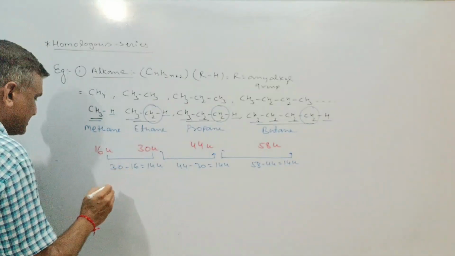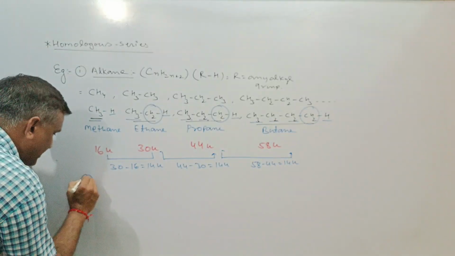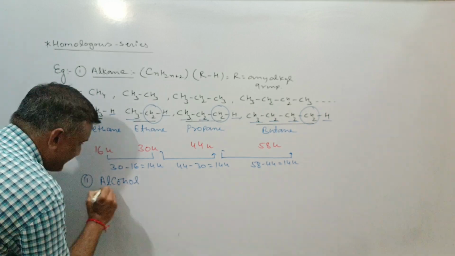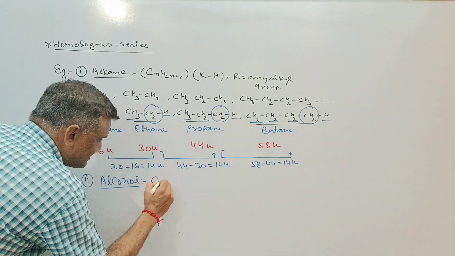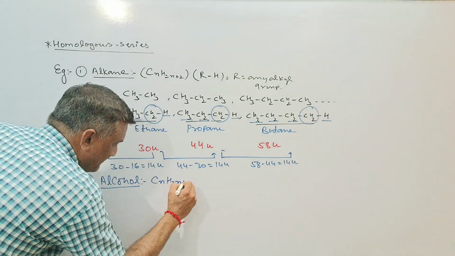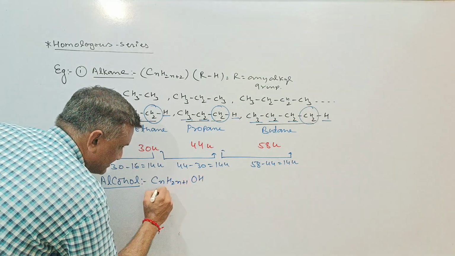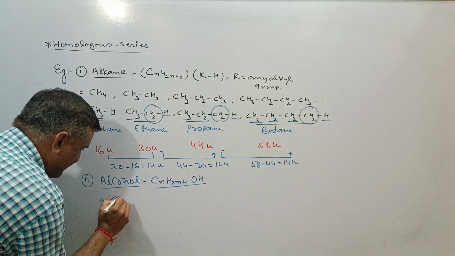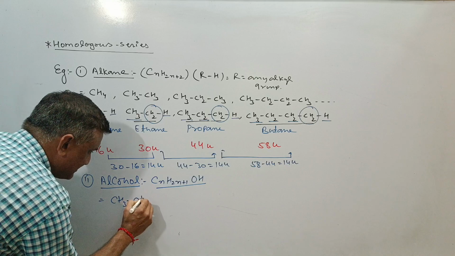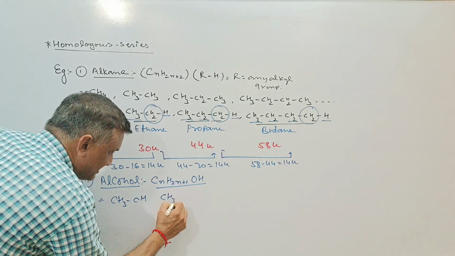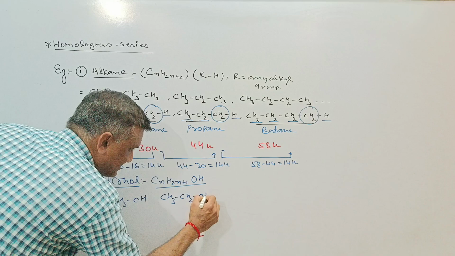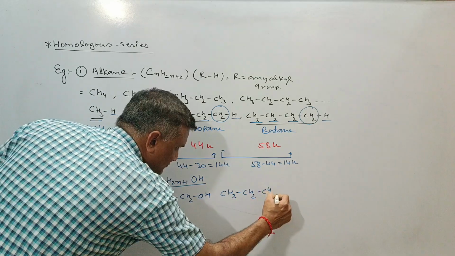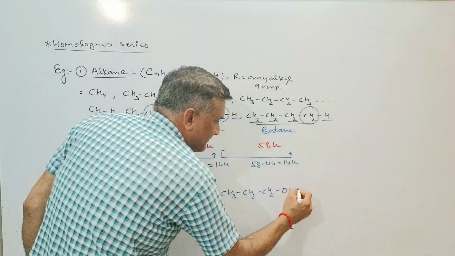We can take another very important example, that is alcohol. Alcohol has the formula CnH2n+1 and OH. If n is equal to 1, the member will be CH3OH. Then CH3CH2OH, then CH3CH2CH2OH, and so on.